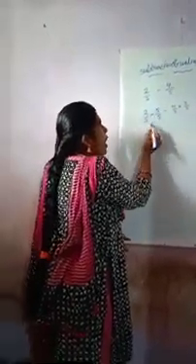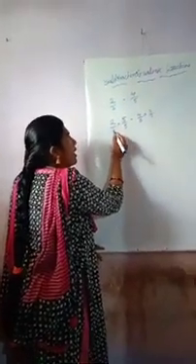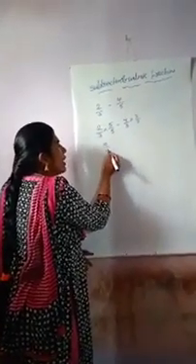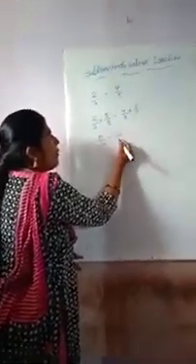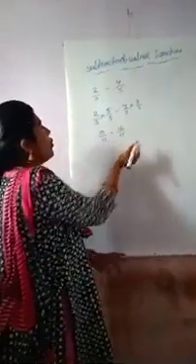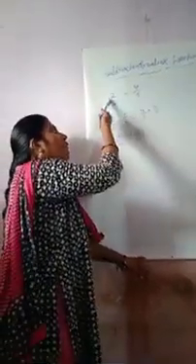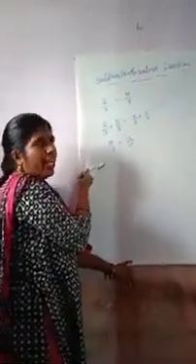Next, 5 2s are 10, 3 5s are 15. Minus 4 3s are 12, 5 3s are 15. So we change unlike fractions to like fractions.